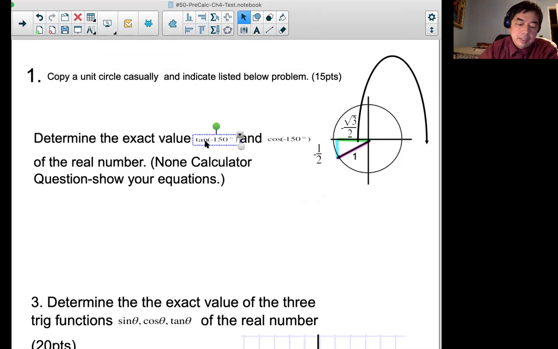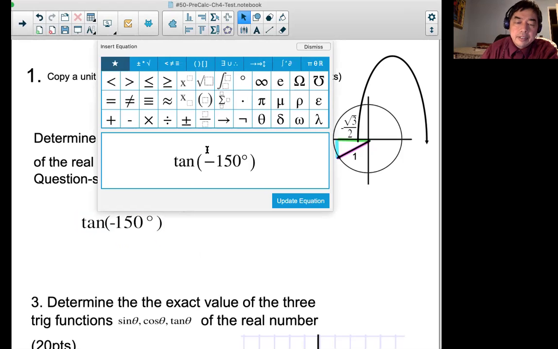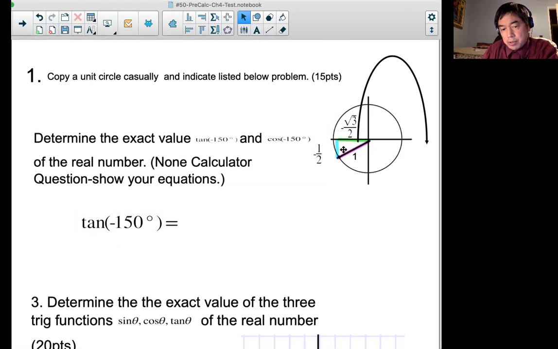So let me cut this one here and make it a little easier to see. I put the equal sign. Based on the reference angle, opposite is this. SOHCAHTOA: opposite over adjacent. So let's plug in: opposite divided by adjacent.